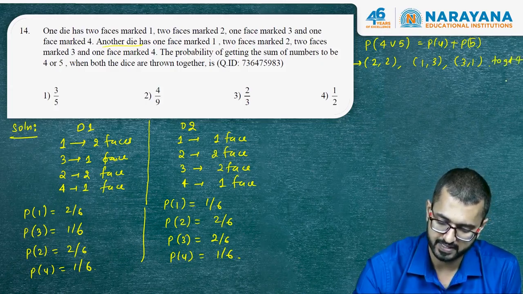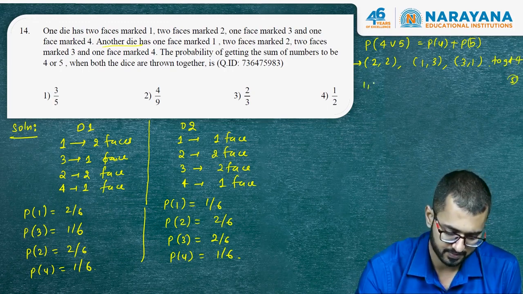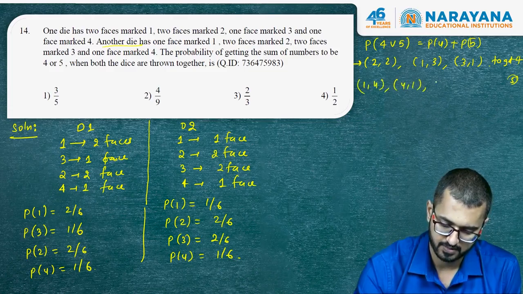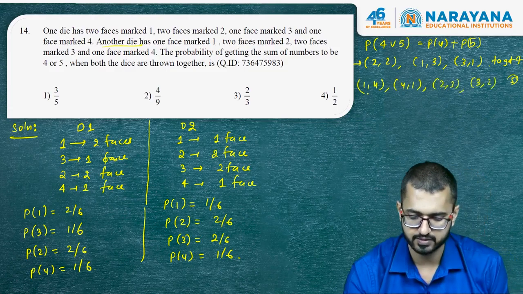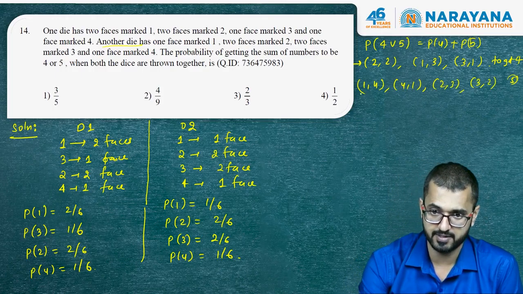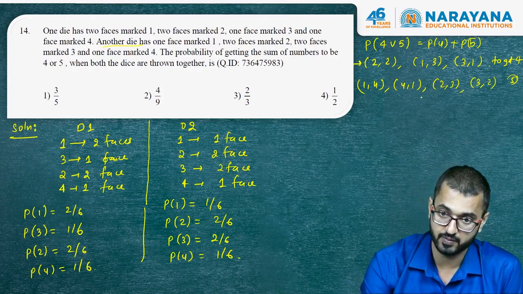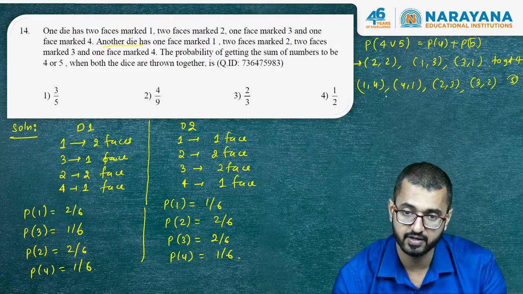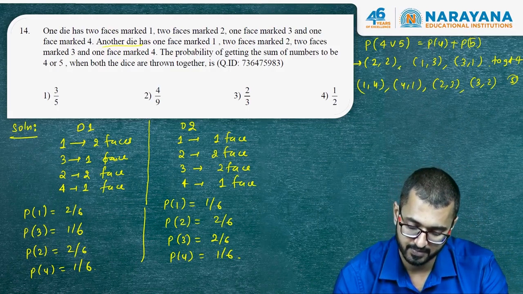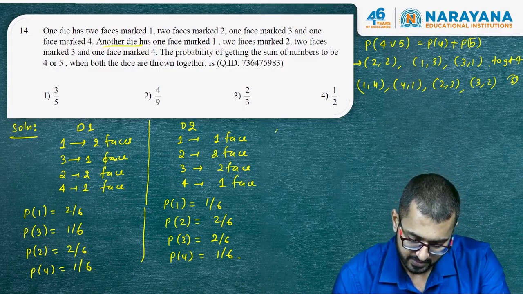And to get 5 we will be having 1 4, 4 1, 2 3 and 3 2. The first entry means it's coming on die 1, the second one is on die 2. So yes, these are there, that means we now have to add the probabilities. So let's write down the probability then.